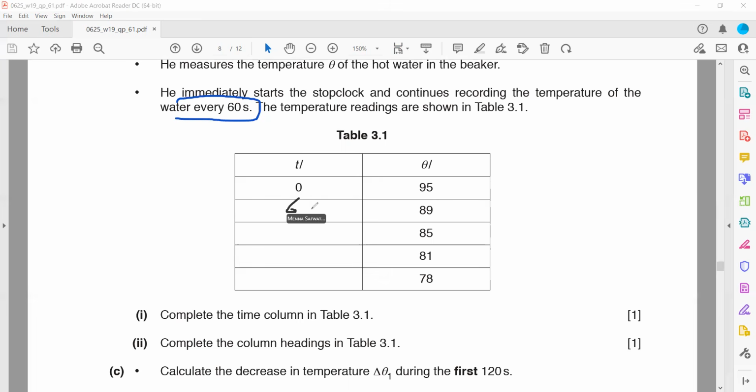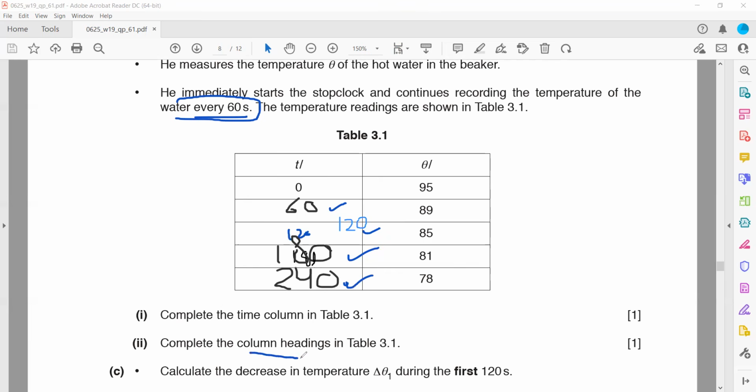First is 0, then it will be 60. That's right. The next one after another 60 seconds, the 60-second interval, so it will be 120. And then 180 will be there, that's right. And 240.